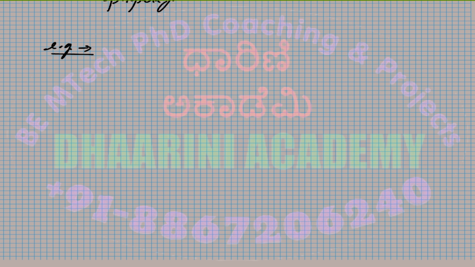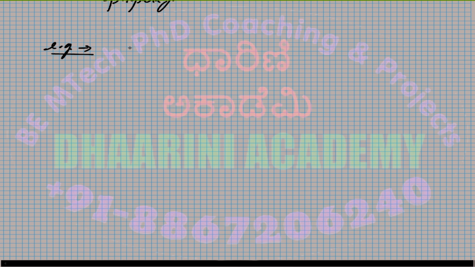Let me go for, say, class 0. The input data is like this: 0 0 1 0, and this is 1 1 0. This is for class 0, and let's write for class 1.